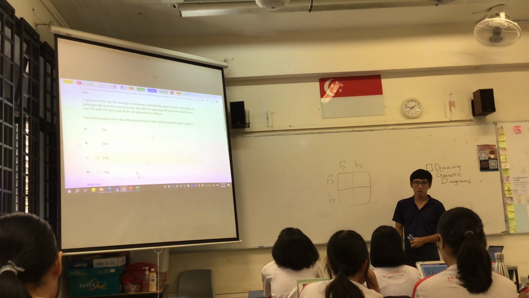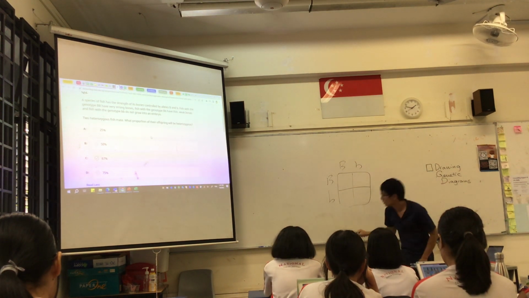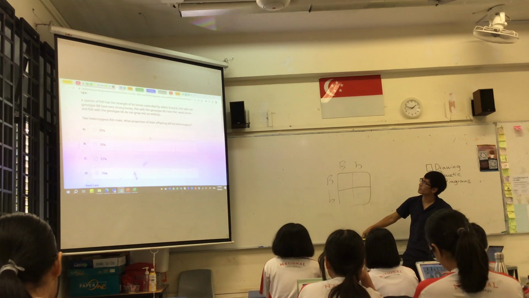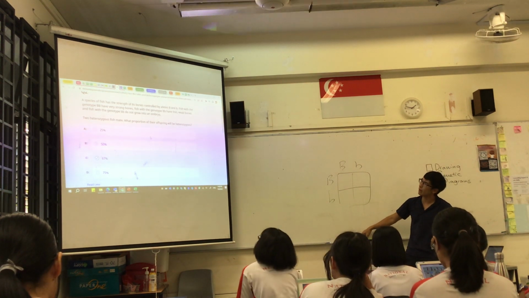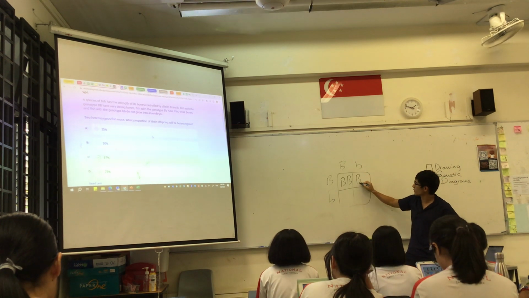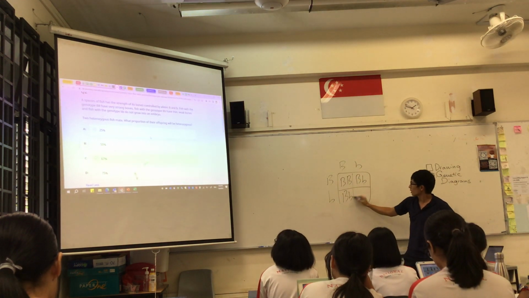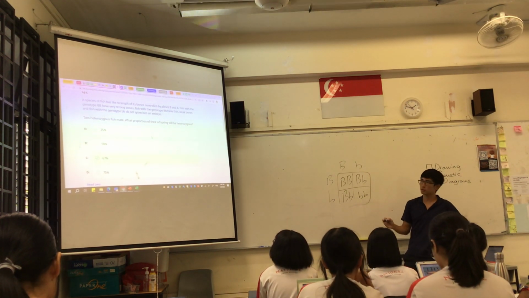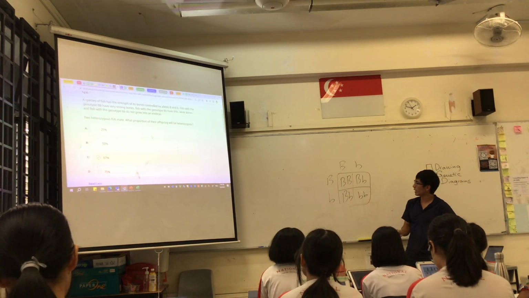They didn't actually say which one is recessive or dominant, but it doesn't quite matter over here. So let's work this out first. Big B, small b. This is what you'll get. So what proportion of the offspring will be heterozygous?